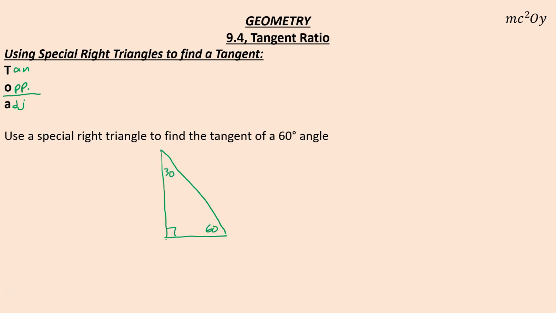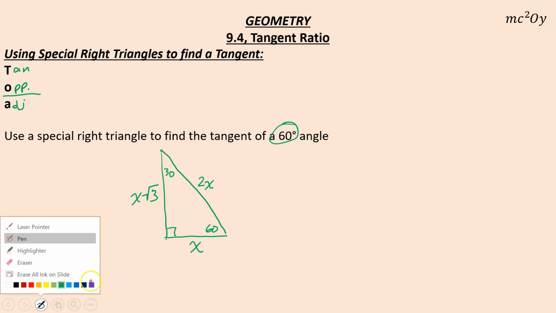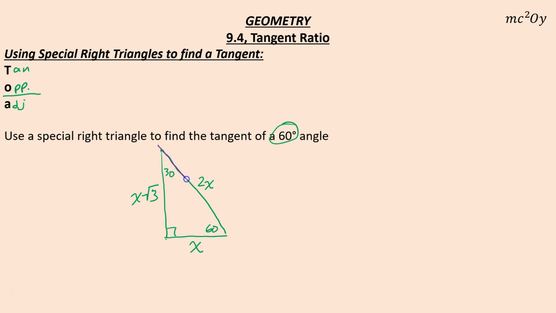Okay. Remember the relationship in the sides here. The shortest leg is x, the hypotenuse is 2x, and the other leg, the longer leg, is x root 3. So if I'm using a special right triangle to find the 60-degree angle, what I'd want to do is trace that angle, the 60-degree angle. In relation to the 60-degree angle there, the opposite side is x root 3, and the adjacent side is x.